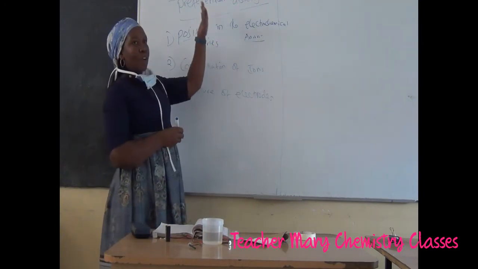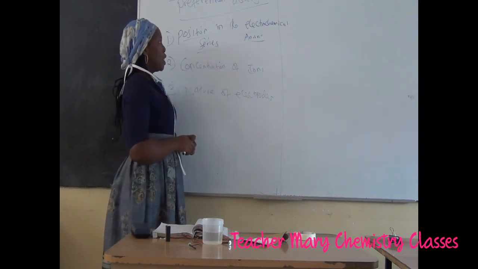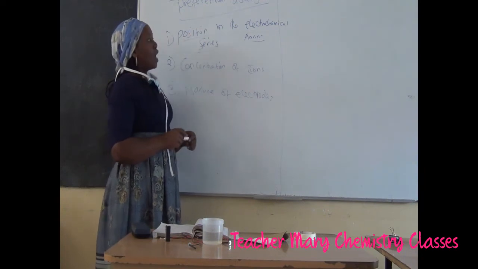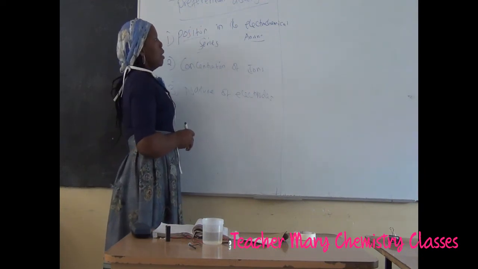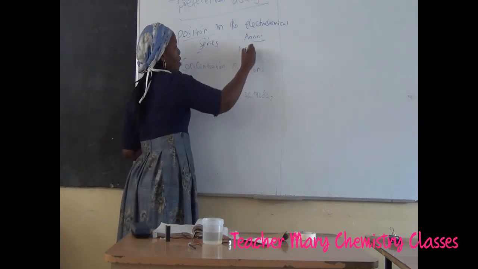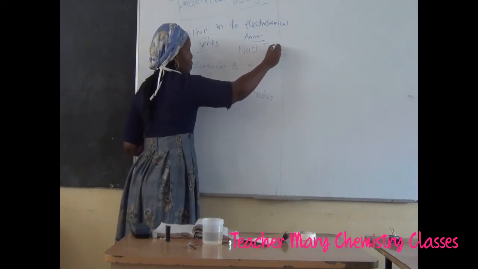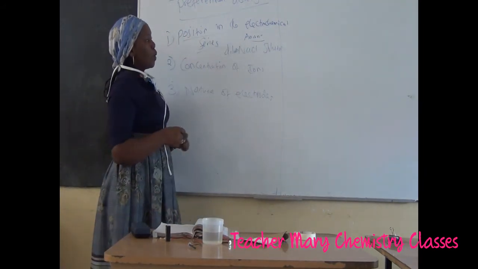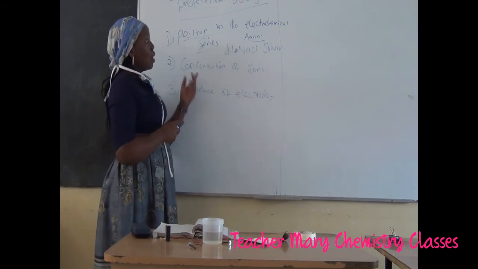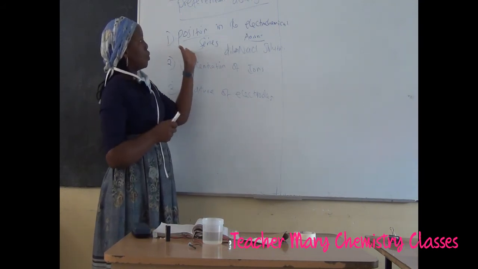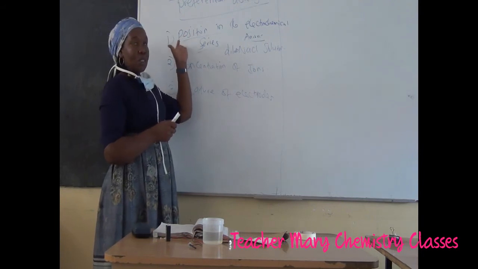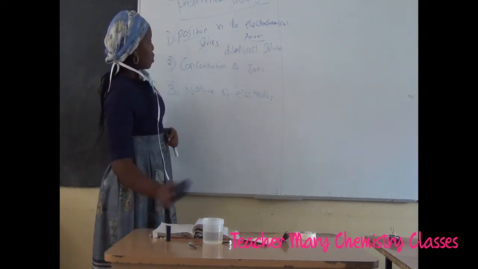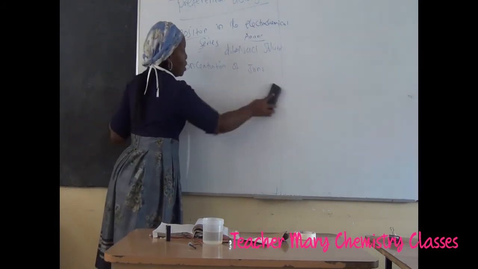We looked at the electrolysis of dilute sodium chloride solution, which shows how the position in the electrochemical series affects preferential discharge at the electrodes. We go to the next one, which is concentration of ions.